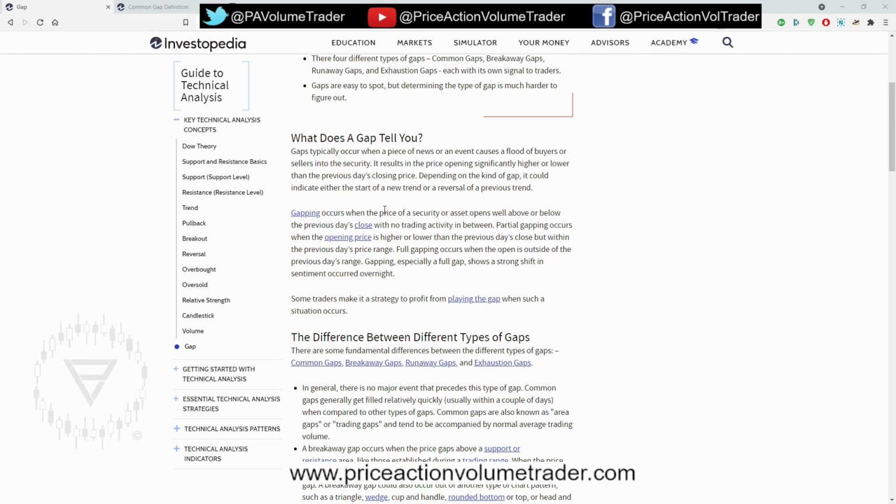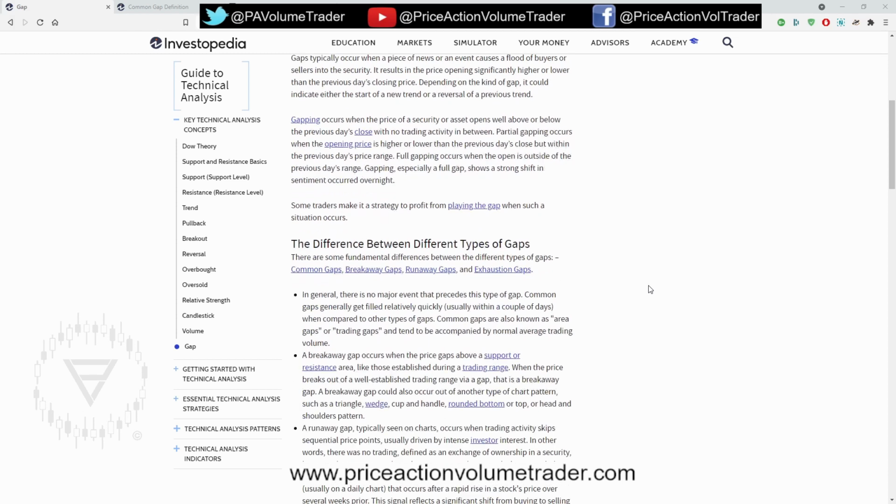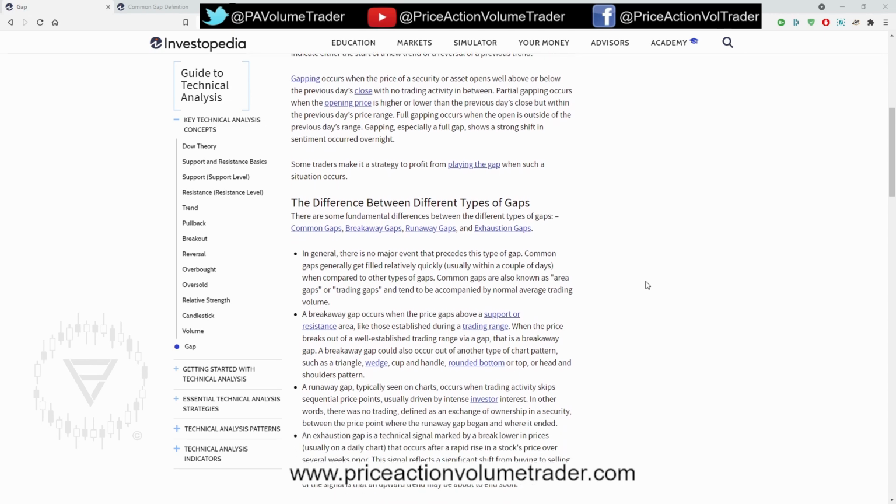So when a gap occurs, you get a shift in liquidity and volatility in a security where price moves in a direction really quickly, and then you can see on the chart either an empty space between two candles' closes and opens, or, as we're going to see on certain instruments, just a big solid large candle, like an impulsive move, which means that there was a low liquidity environment and price just moved really quickly from one level to the next.